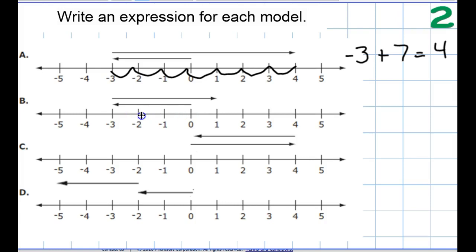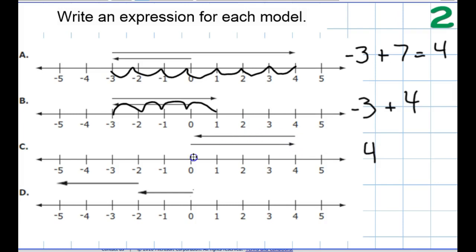Here we're going back to -3 again, so we'll have a -3. And how many steps is it? Well, it's 1, 2, 3, 4 steps, so we're adding 4. Here we start at 0 and go up 4. So we'll have a +4.